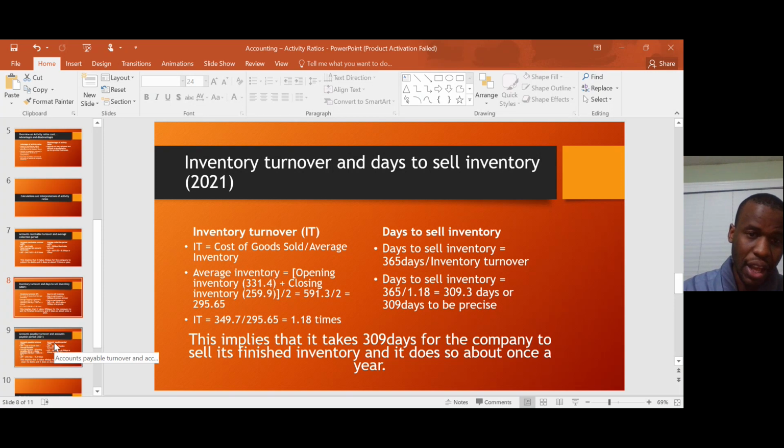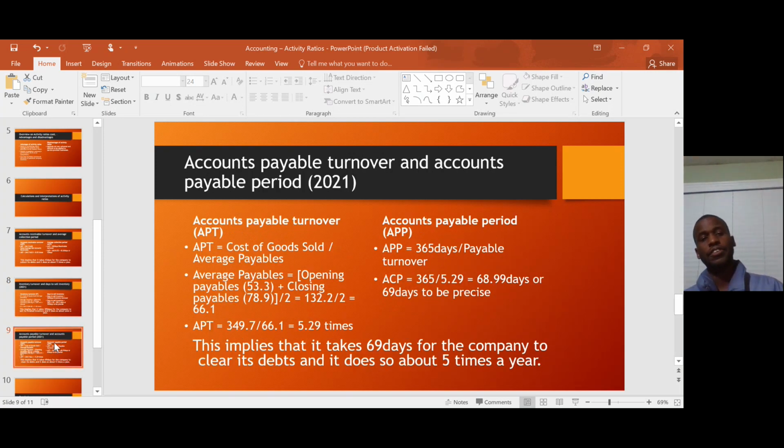So the other activity ratio we looked at is the accounts payable turnover and accounts payable period. As aforementioned, this is helpful in gauging how fast a company clears its debts. To get this, we took the cost of goods sold and divided it by the average payables.